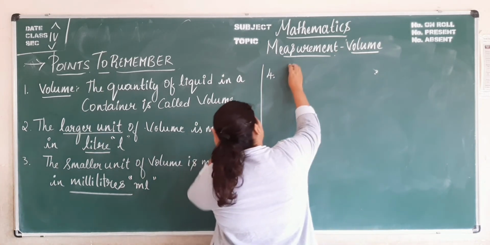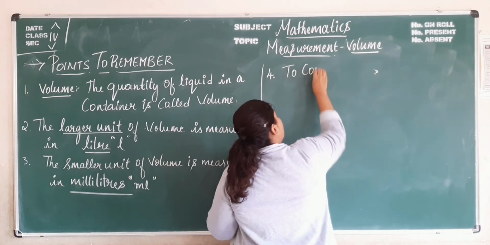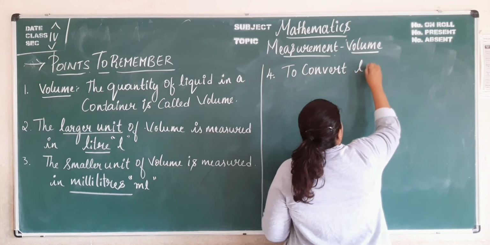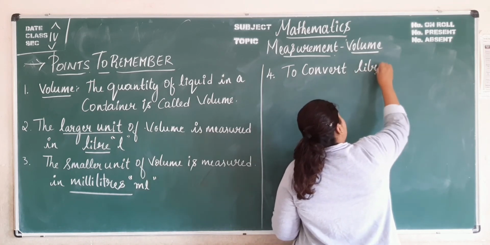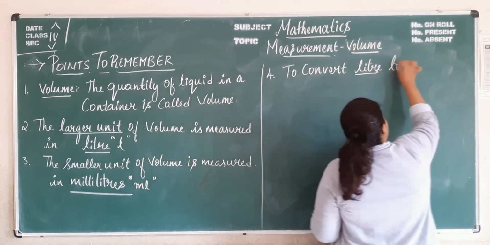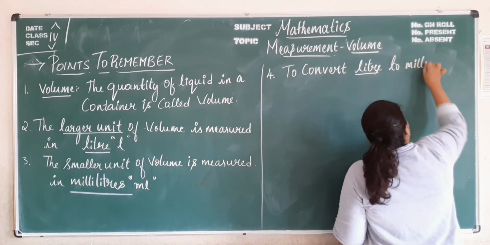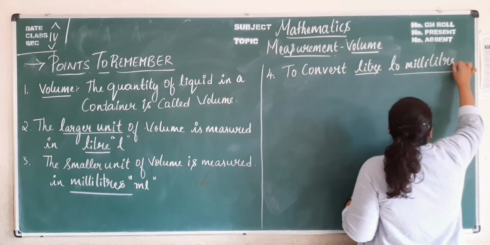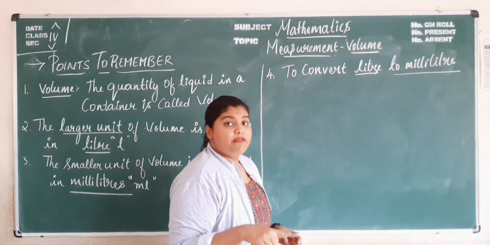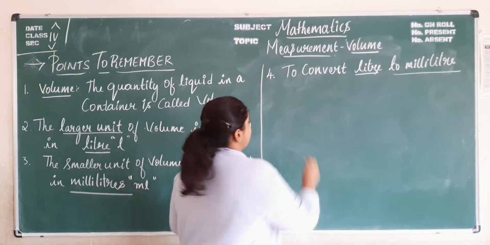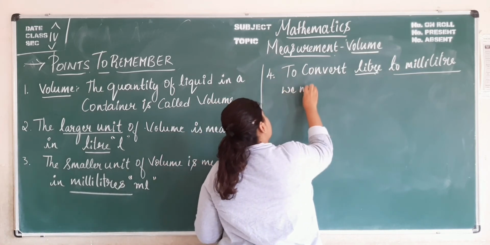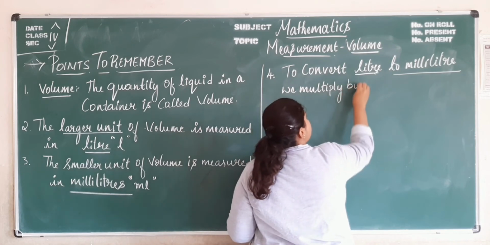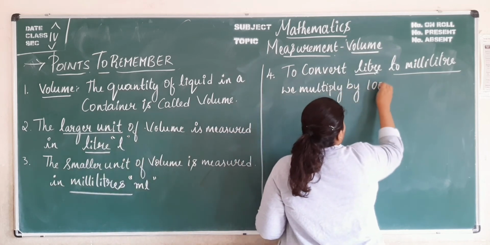Write down. To convert liter to milliliter, we multiply by 1000.